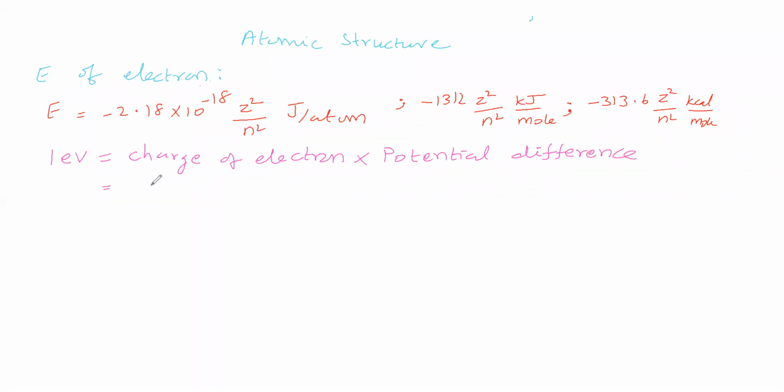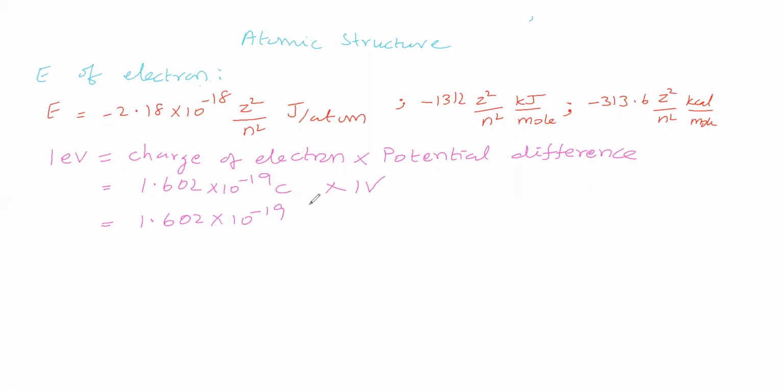Charge of electron magnitude is how much? Means 1.602 into 10 to the power of minus 19 coulomb. Potential difference should be 1 volt. So now this is equal to 1.602 into 10 to the power of minus 19 coulomb volt.